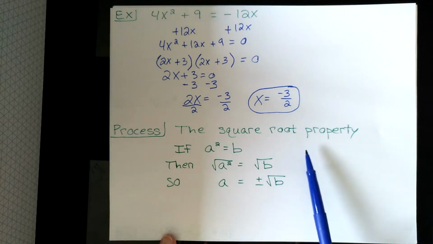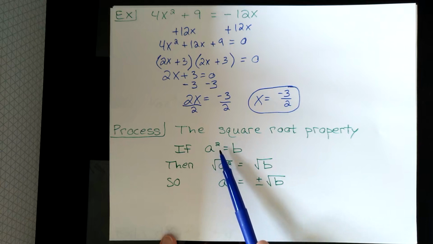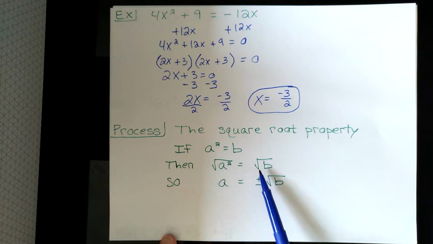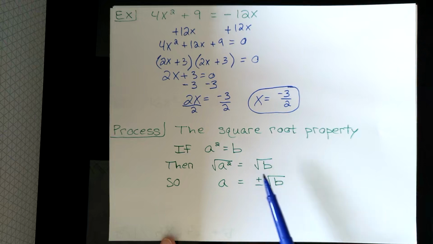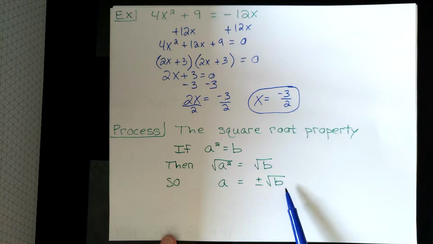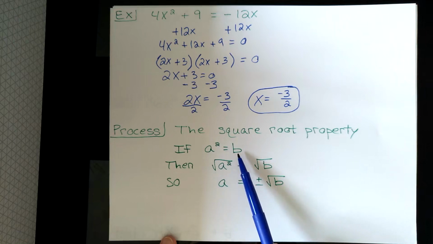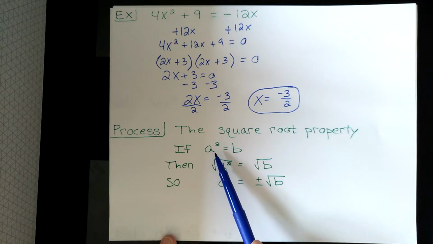So the square root property says if you have some equation, a squared equals b, then you can get rid of this square by taking the square root of each side of the equation, or more technically, applying the square root function to each side of the equation. But when you do this, you won't just get a equals the square root of b. Remember, you had a squared equals b. There are two numbers that could give you that a squared.